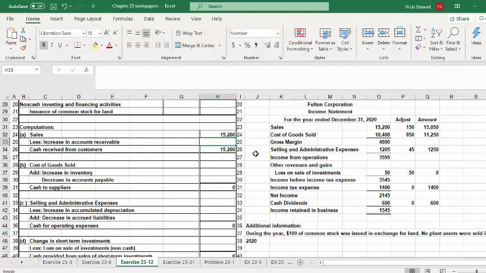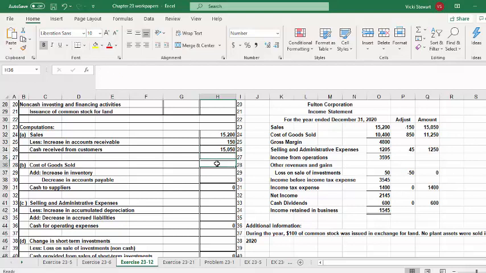We have to adjust the sales for the increase in accounts receivable. The comparative balance sheet showed that accounts receivable increased by $150 from 19 to 20. So we know that that has to be subtracted from sales to determine cash received from customers.